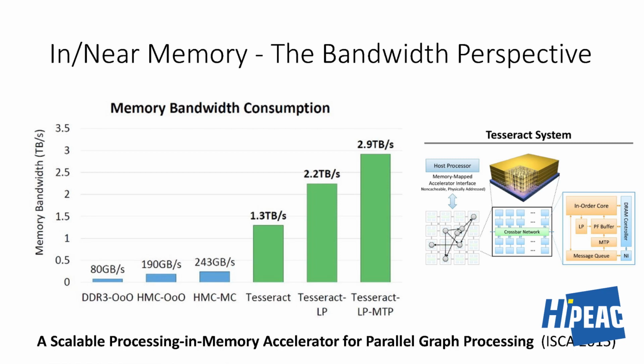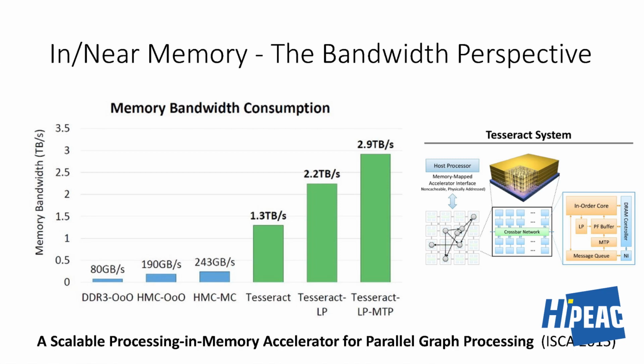If you have an out of order core attached with DDR3, and then go to something like HMC, which is a 3D memory, with no in or near memory compute, you get about 3x improvement in bandwidth. And then, boom, if you do processing near memory, it goes to terabytes per second. This is a bit of an old paper, so these numbers are outdated. With new DDR5 and so on, it would be different. But the relative trend is what you have to see here.